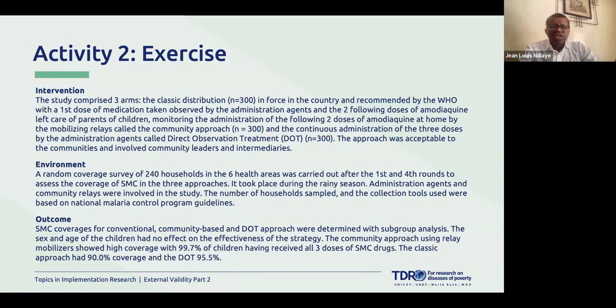Finally, they had a coverage of almost 99.7% of children in the intervention group, while the standard approach gave around 90% coverage, and the DOT approach, direct observed treatment, was 95.5% coverage.